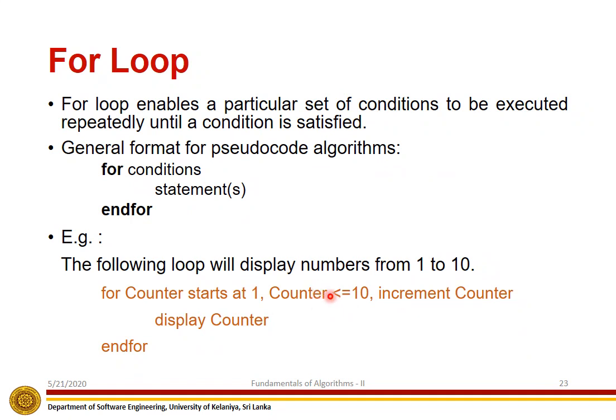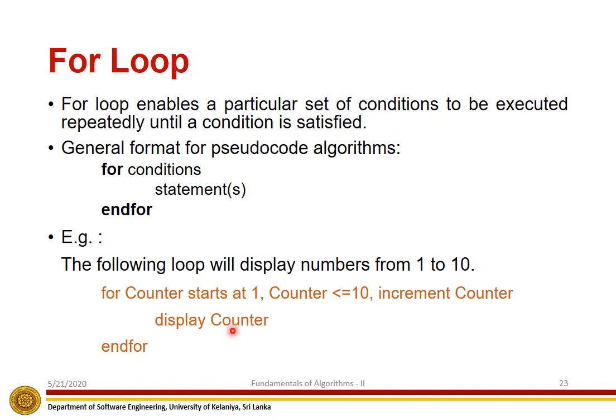Now count is 2, 2 is less than 10, then again display the number, and again go to the step up condition, increment counter. Now the count value is 3, 3 is less than 10, again display the number 3. Like that it will work until 10.